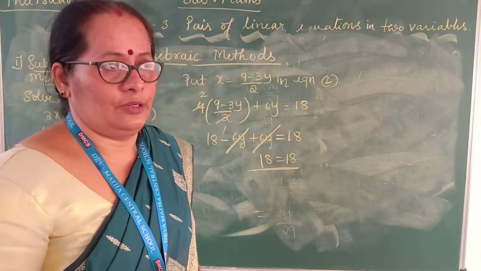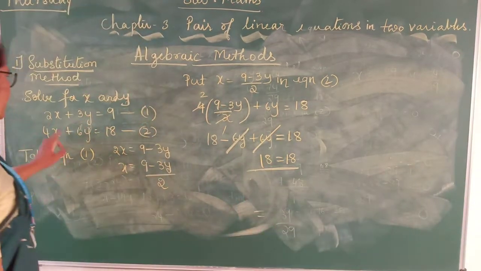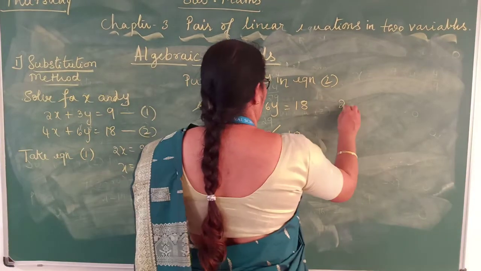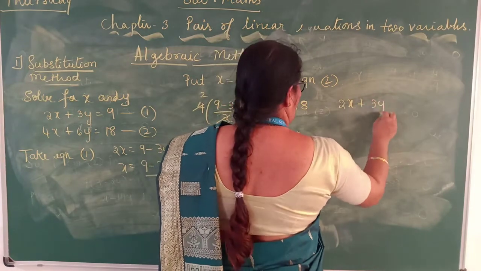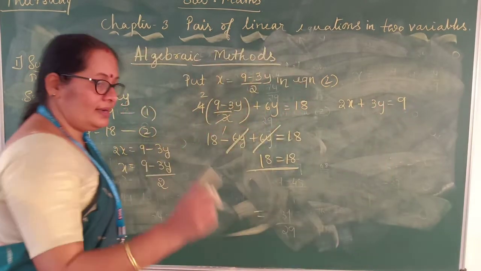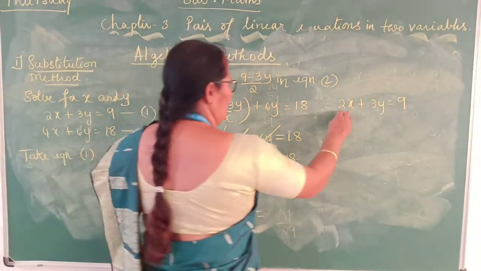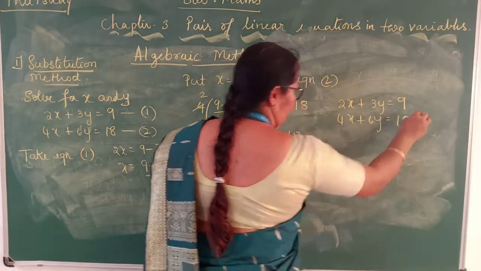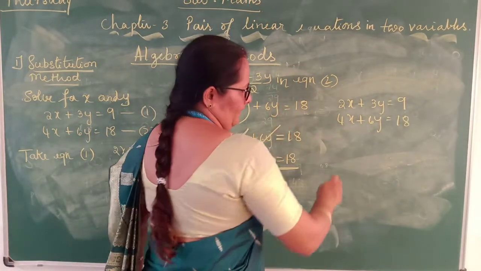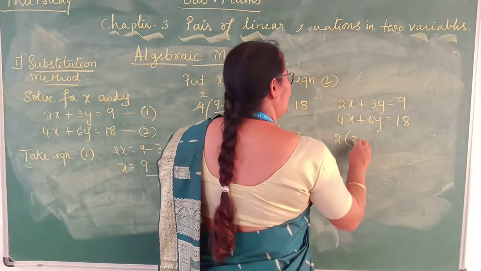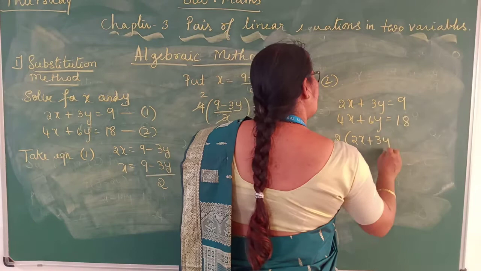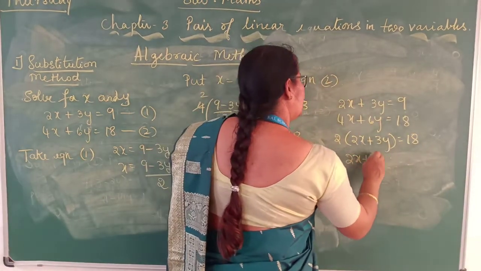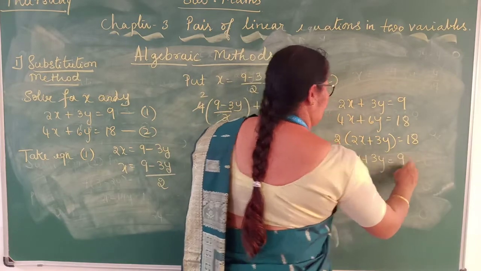Infinitely many solutions. See here, the first equation is 2x plus 3y equals 9. But in the second equation, 4x plus 6y equals 18, if you take 2 as a common factor, 2 into (2x plus 3y) equals 18, so 2x plus 3y equals 9.